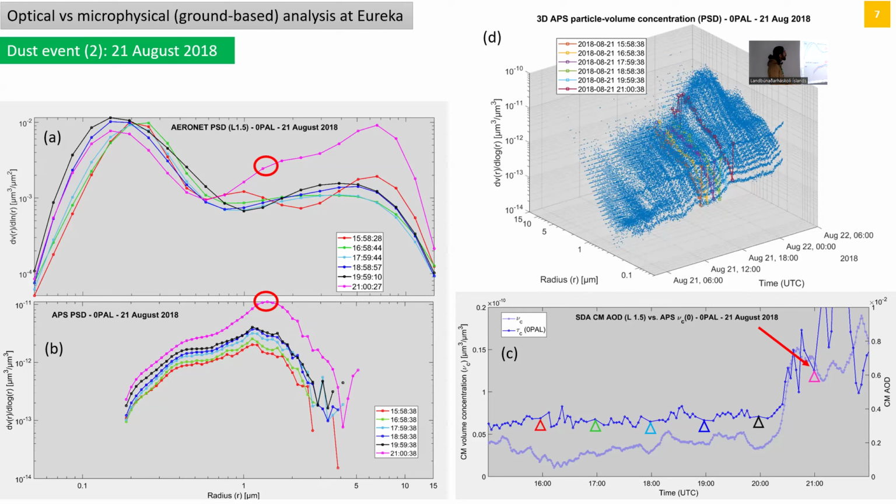The figure on the top right also shows a 3D high frequency time series of APS particle size distribution through the dust event.